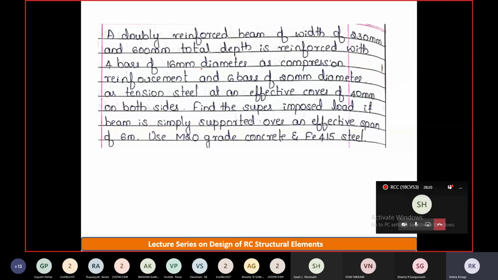Find the superimposed load. The beam is simply supported over an effective span of 6 meter. Use M20 grade concrete and Fe415 steel.